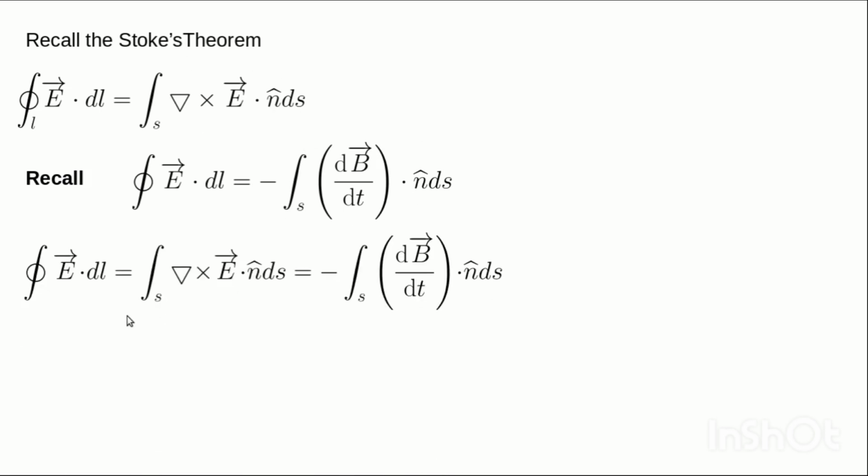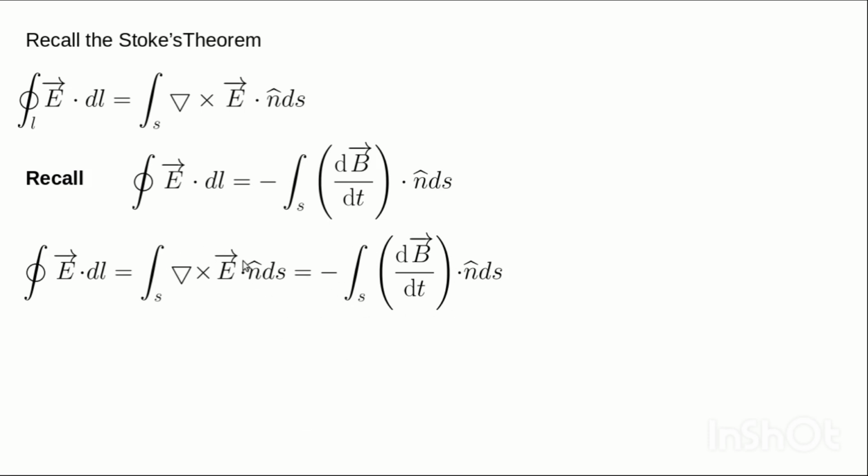So we have this expression equal to this expression from Stokes' theorem, which is a connection between the line integral and surface integral. Therefore, everything here must be equal to this expression.